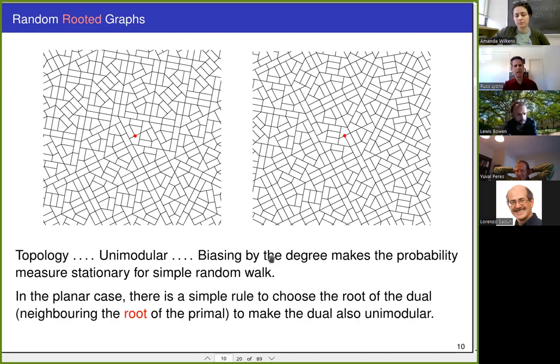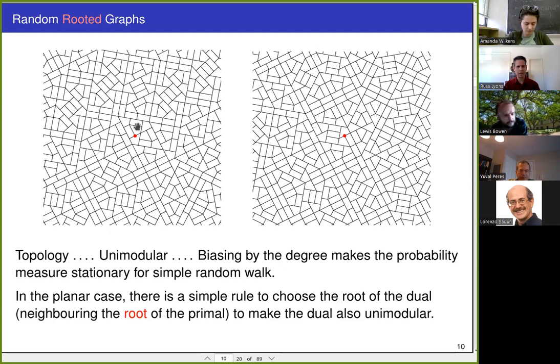Now, this whole talk is really about planar graphs. And with planar graphs, obviously, it's important to talk about the dual graph. It turns out that if I have a random rooted graph, which is planar and unimodular, then there is a simple way to choose the root of the dual graph.